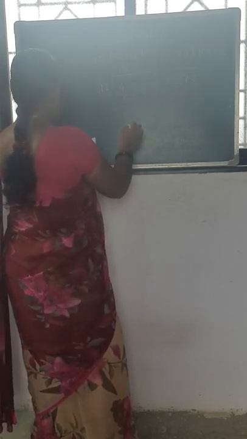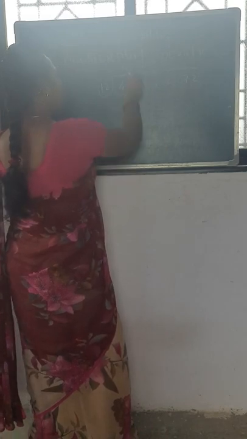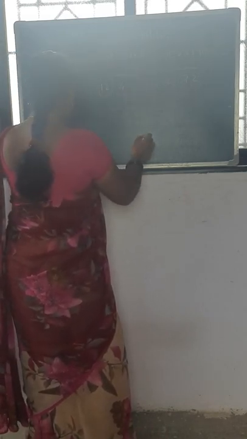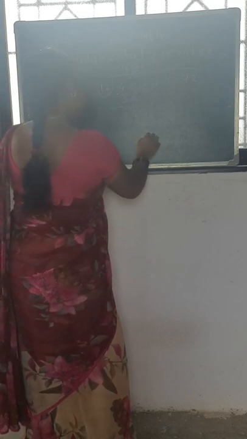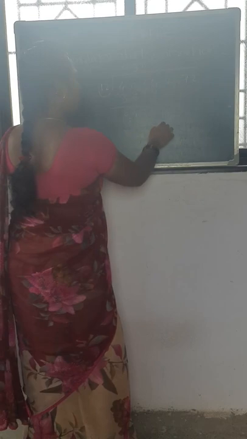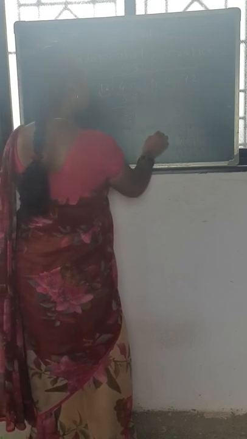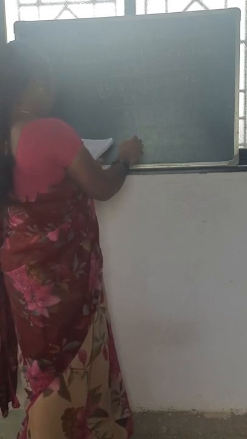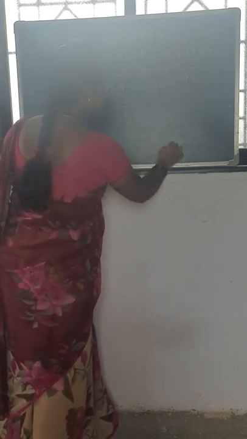Then next, 12 3s are 36. Then subtraction is, then bring down the next 4. Then 12 5s are 60. Then subtraction is 4.